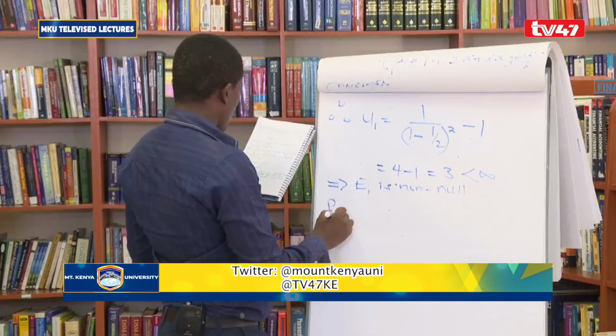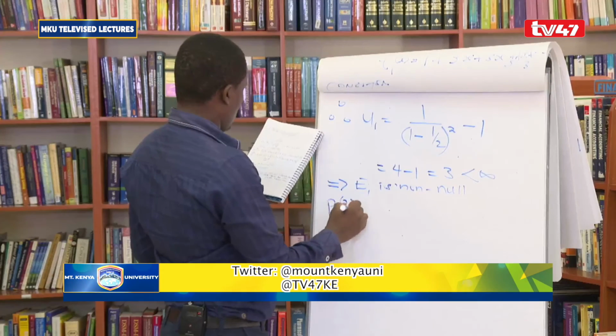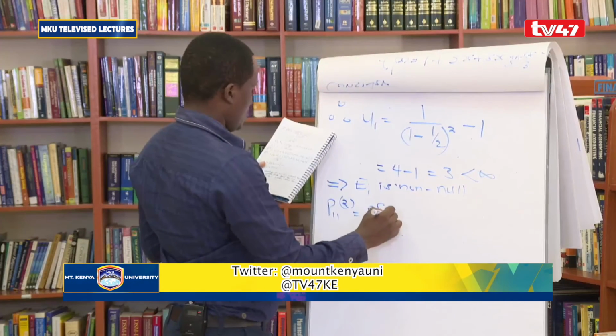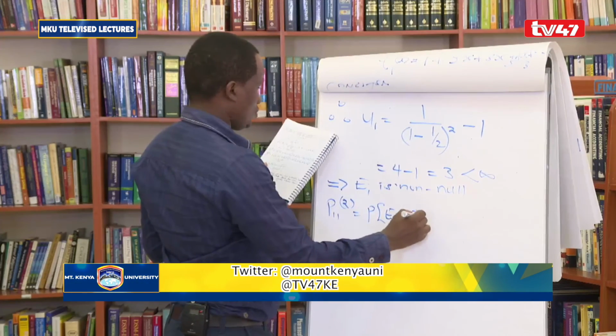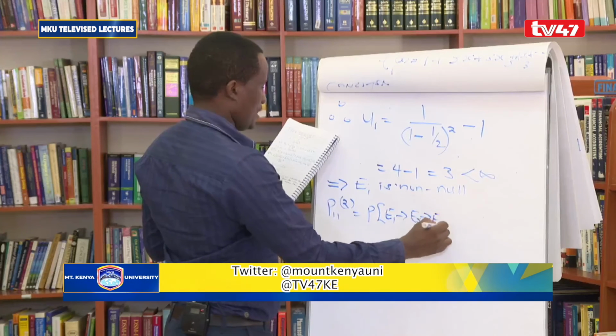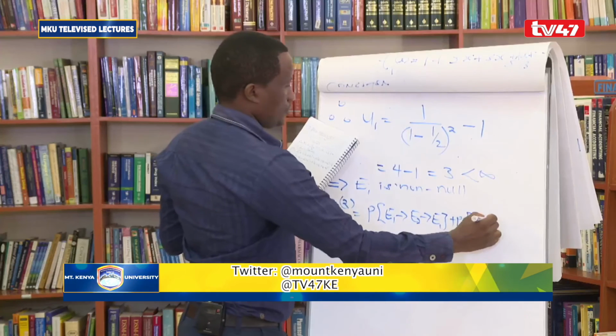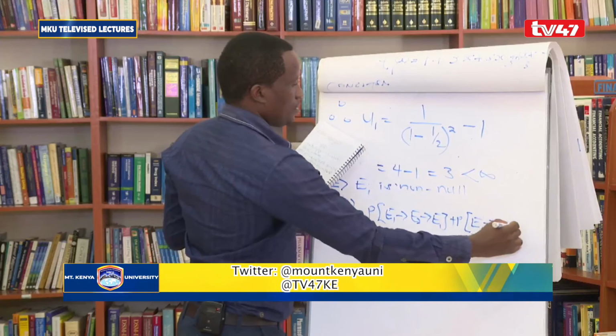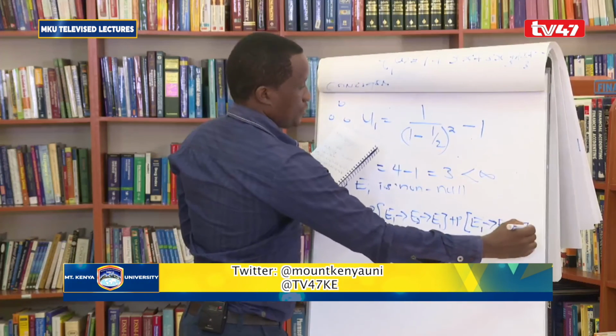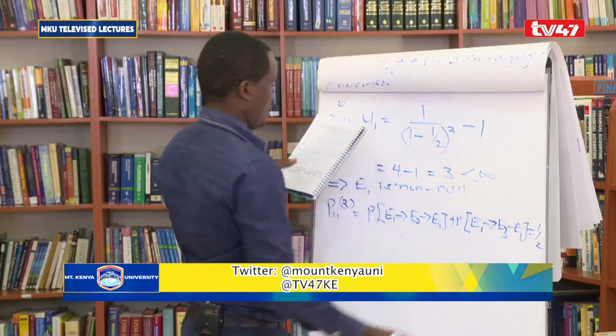Let's look at P112. This is P, E1 to E2 to E1 again, plus P, E1 to E3 to E1 again, which is actually a half. We've seen that this is becoming a half.